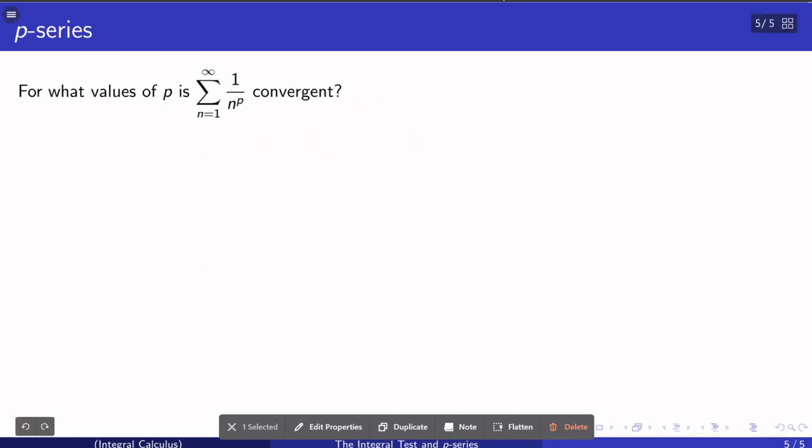Now, you can try this yourself, and this is actually done in your textbook, but you can characterize the values of p for which this series converges. 1 over n raised to p. We already saw that for p equals 1, you get the harmonic series and it diverges. Right? So that's 1 over n to the first power. 1 over n squared, it converges.